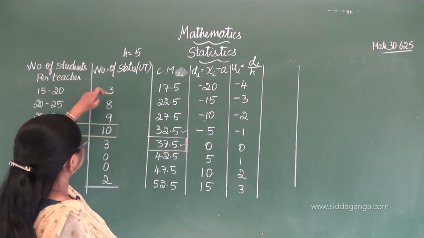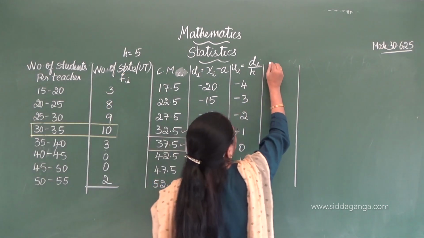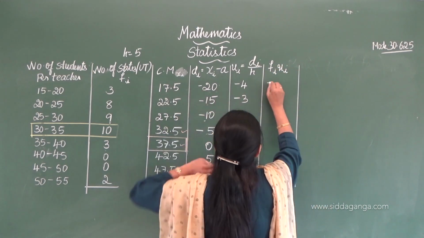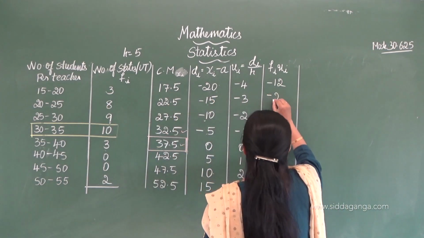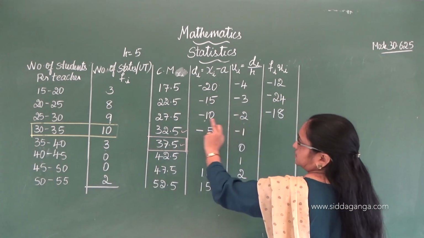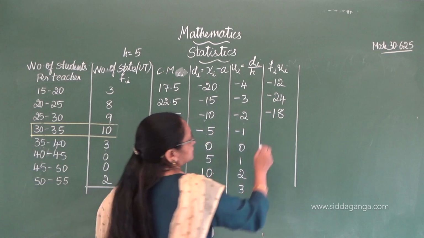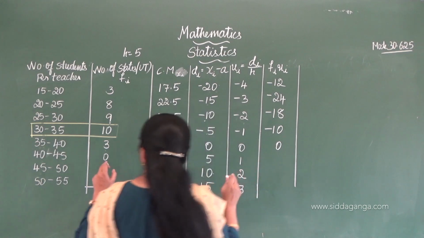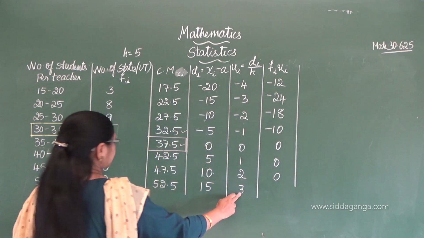Okay, now multiply. This is fi, all know. So the next column will be fi ui. 4 3s are 12, minus 12, 8 3s are minus 24, 9 2s are minus 18, minus 10, 0, 0, 0, 3 2s are 6.